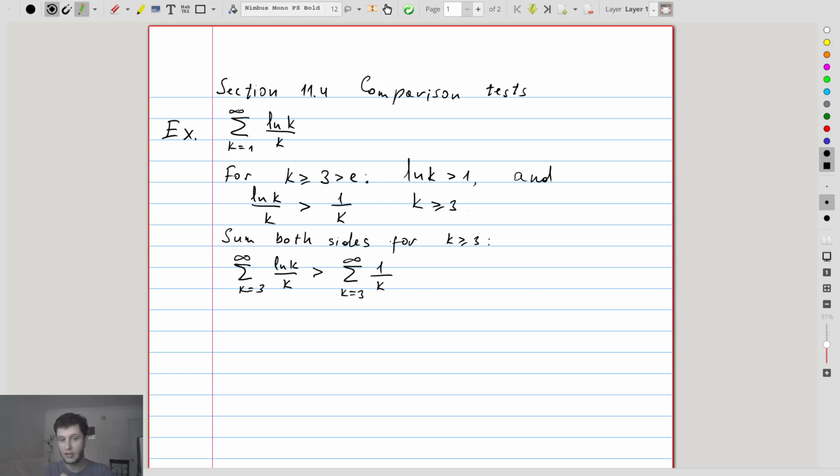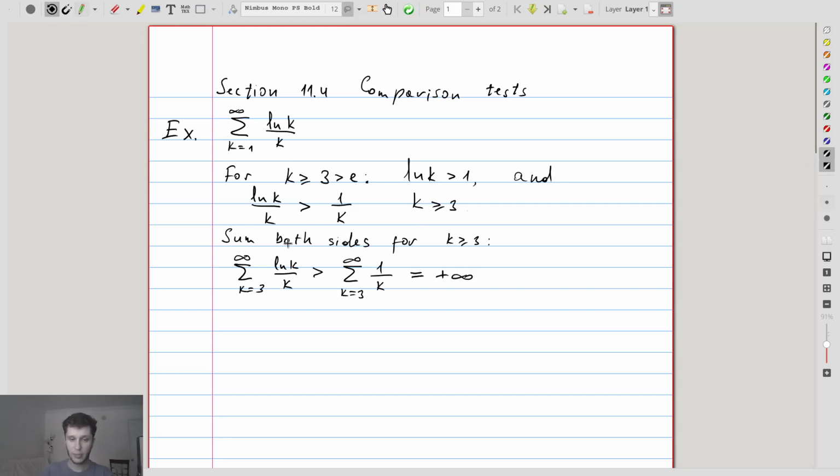Now, this is the harmonic series without the first two terms. We know that any finite number of terms have no impact on the convergence of a series. So removing the first two terms does not change the fact that the harmonic series is divergent. And so the sum on the right-hand side is equal to plus infinity.